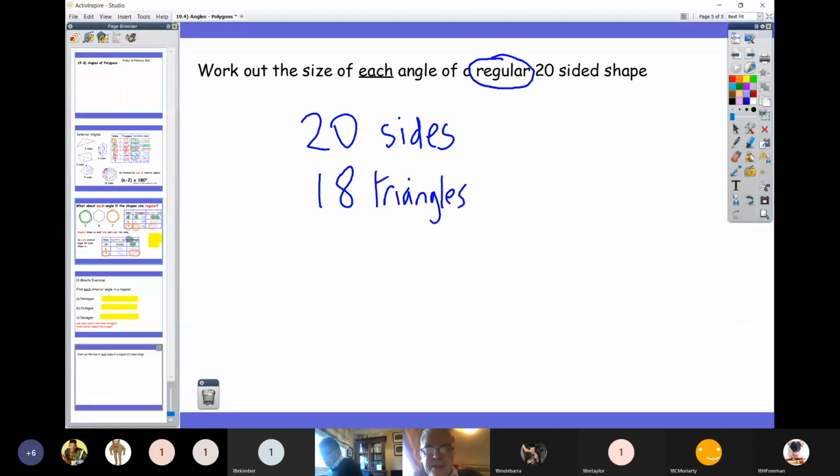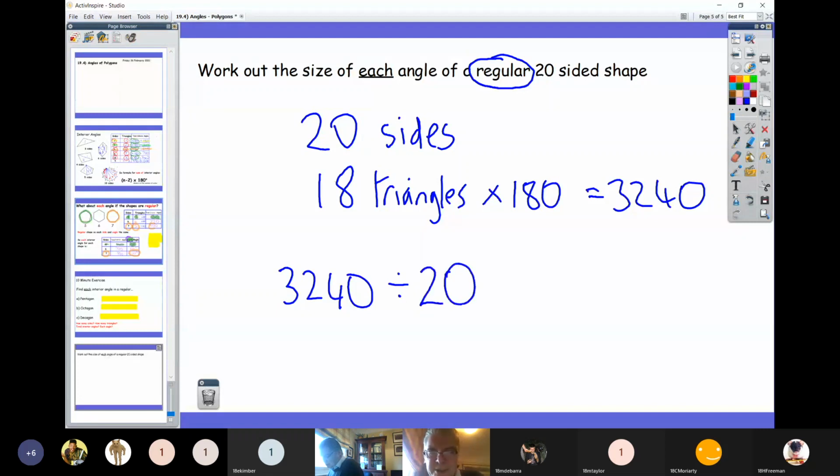Times that by 180, because every single triangle has 180 degrees. Just get my calculator. 18 times 180 equals 3240. So that's the total of the angles inside the shape. Now, how many internal angles has it got? Well, it's got 20 sides, so it's got 20 angles. So if we divide that by 20, we get 162 degrees, and that would be the size of each of the angles inside the shape.